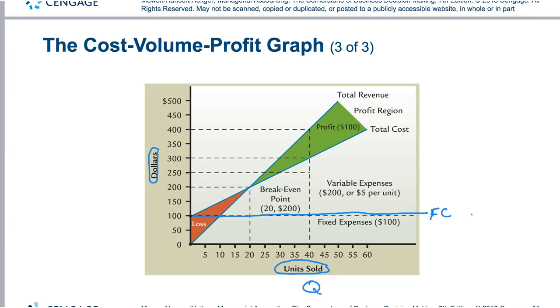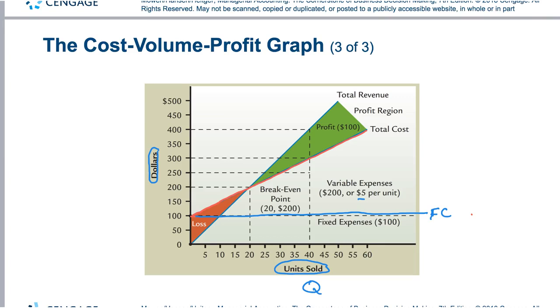And then our variable costs are $5 per unit. It doesn't tell you what our price is, but our variable costs are $5 a unit. I'm going to overdraw over the cost line. So here's $5 per unit. So this just goes up at a rate of $5 per unit.